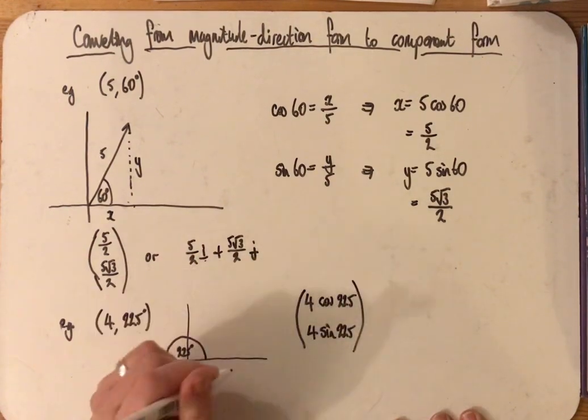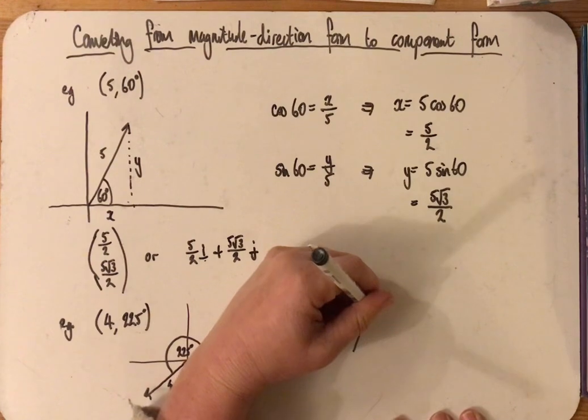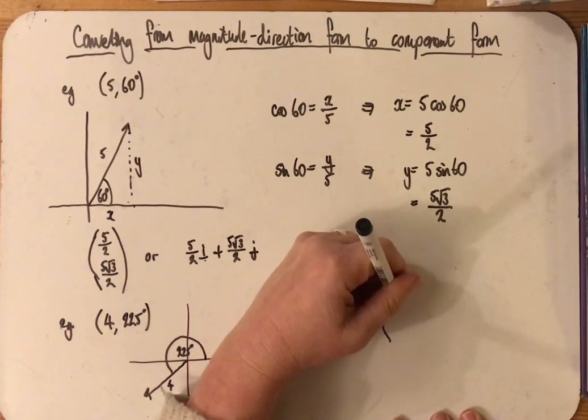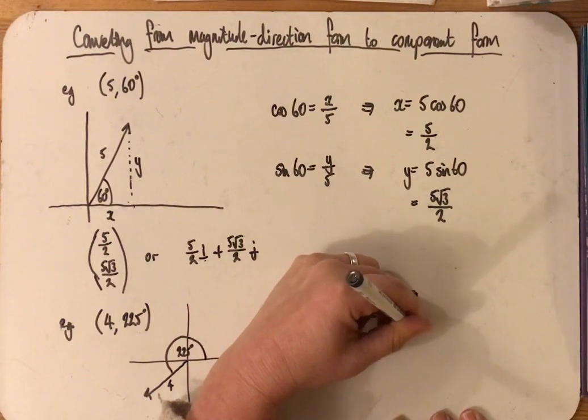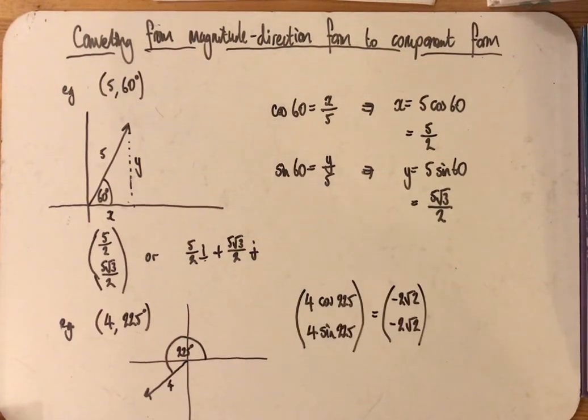So it works for any size angle, and that will give you minus 2 root 2, minus 2 root 2. We'll do a bit more work on trig in a month or so.